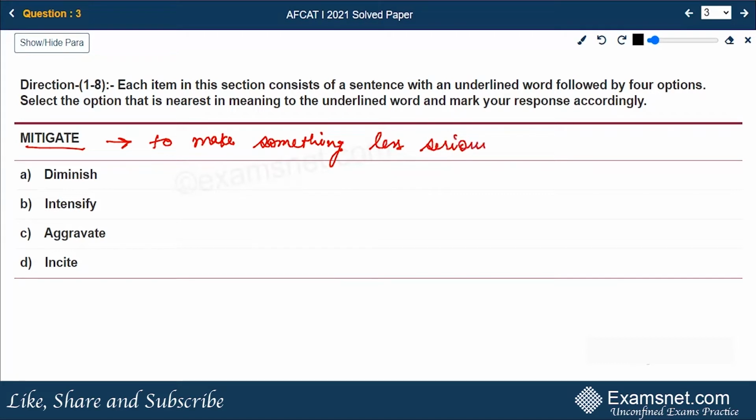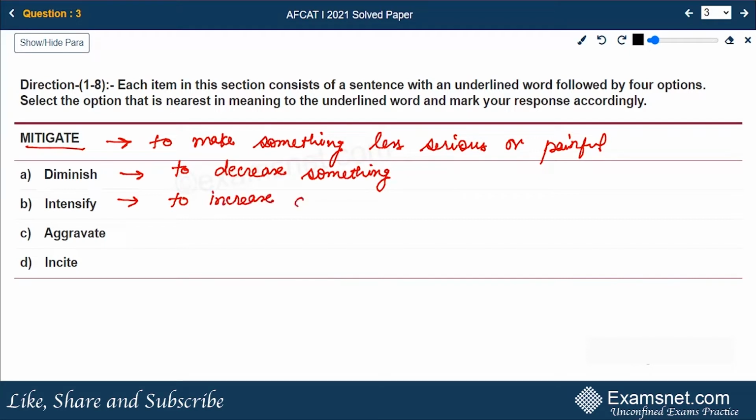Diminish means to decrease something. Intensify means to increase something, it's just the opposite, to increase or make something more intense.